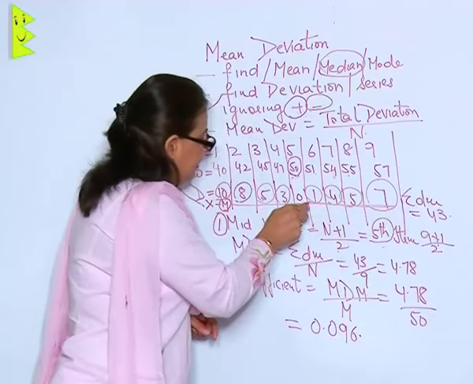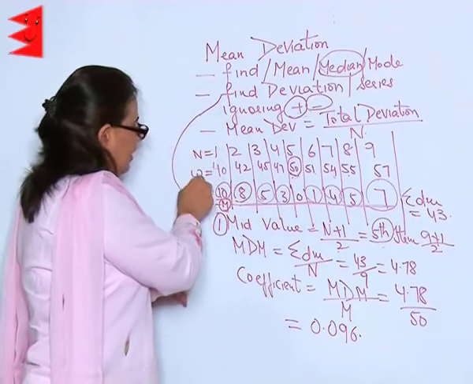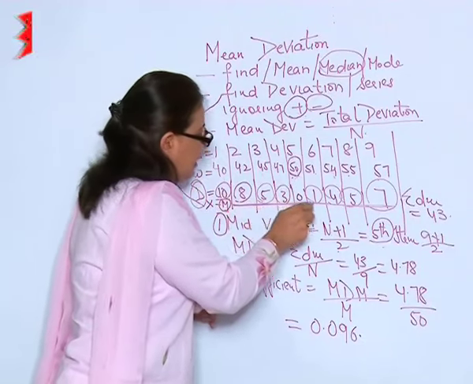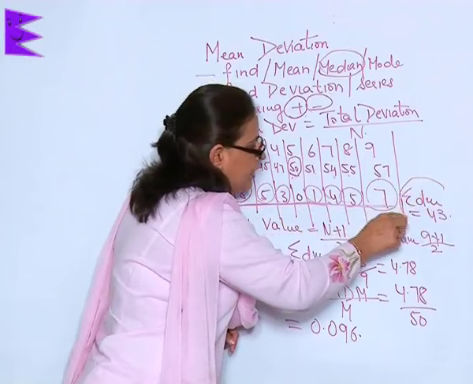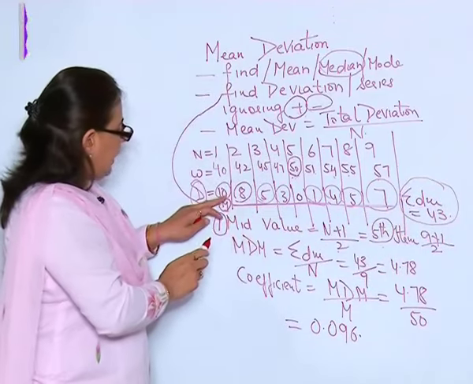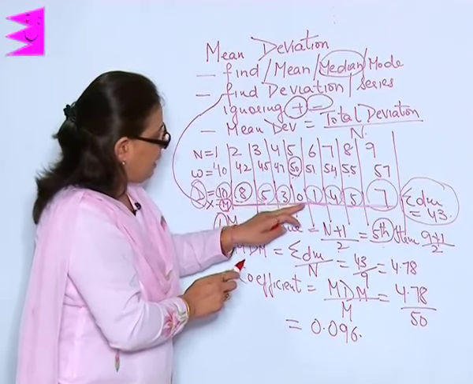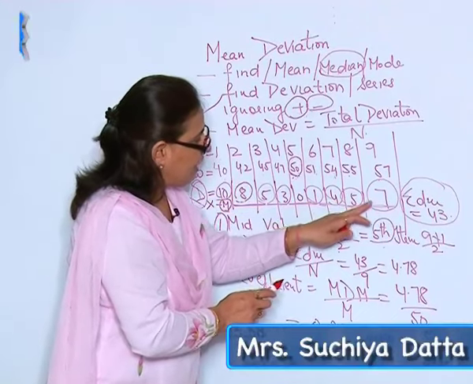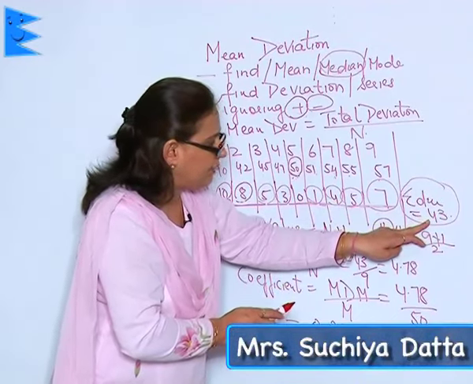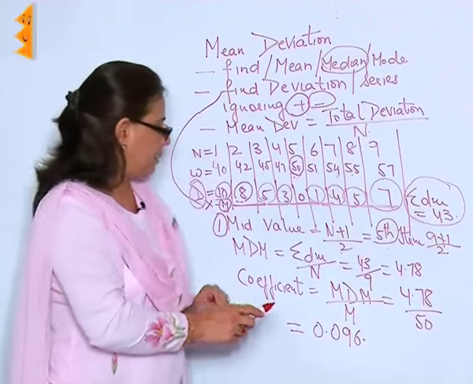When the calculation is done of the deviation, this will give me sigma DM. So 10 plus 8 plus 5 plus 3 plus 0 plus 1 plus 4 plus 5 plus 7 will give me 43. So I have the sigma DM.